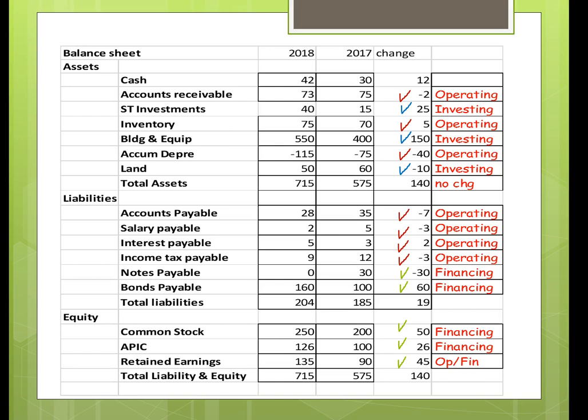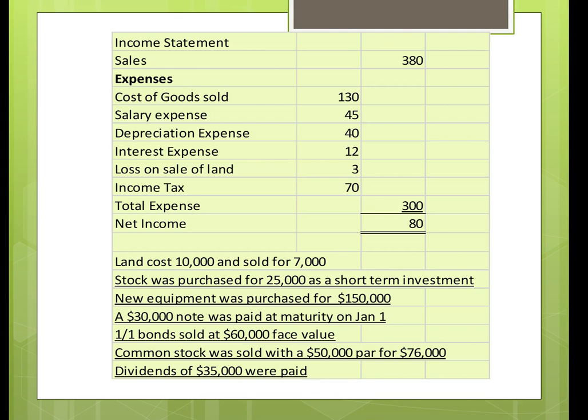So now first of all, we want to look at that income statement, because the other thing we have to look for are any non-cash activities that would be included as part of net income. So when we look at this, we know that we have to take into consideration depreciation expense and that loss on sale of land.